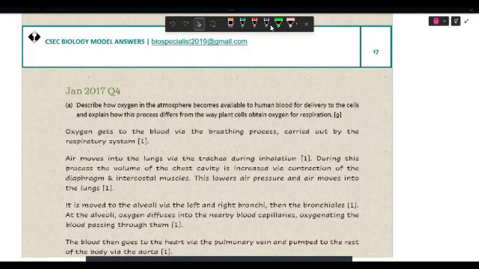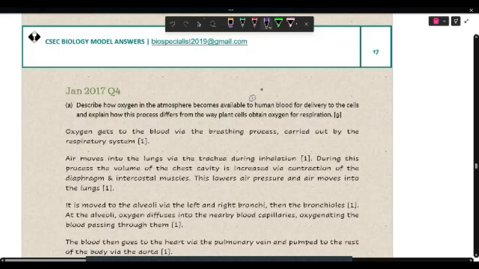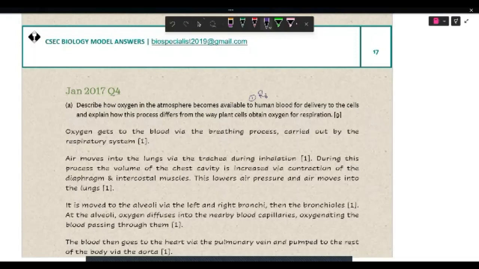Firstly, we're looking at this part here, oxygen in the atmosphere available to human blood. So that would be your respiratory system, and breathing, right?